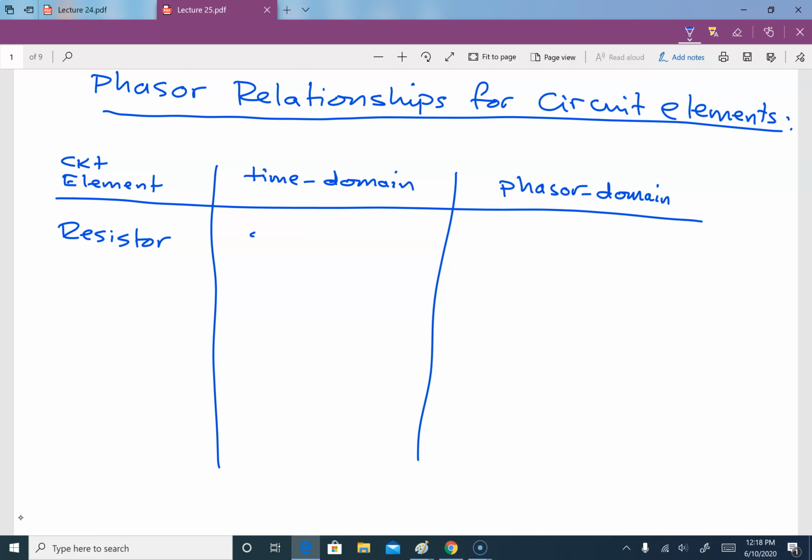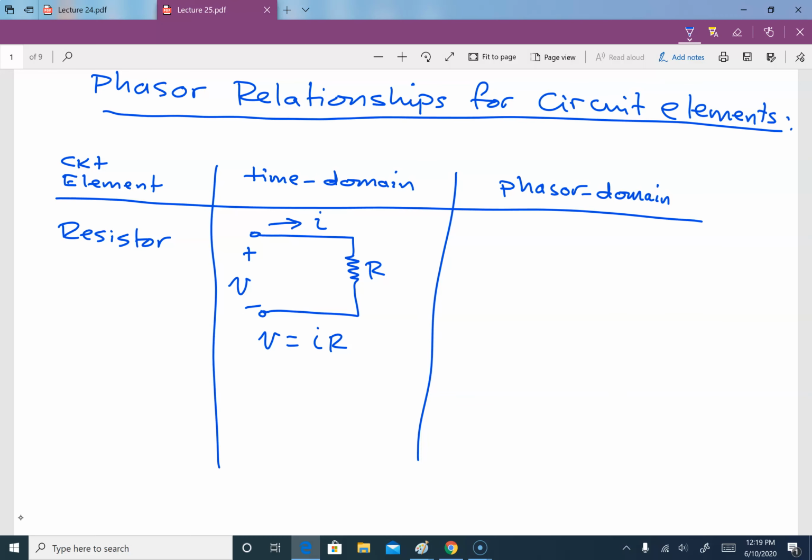So for resistor we can express it in time domain like this: plus minus, that is V, this is the current flow in I, that is R. So our V in this case is equal to IR.